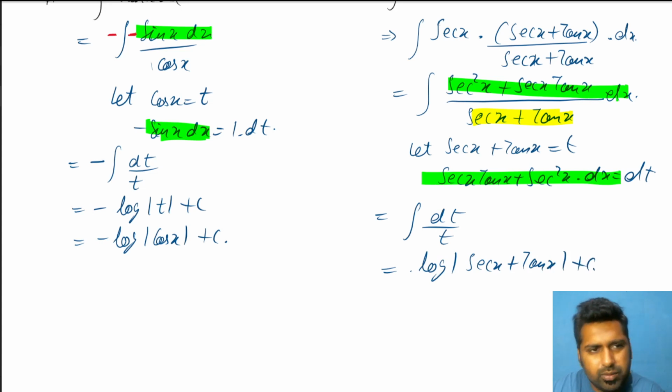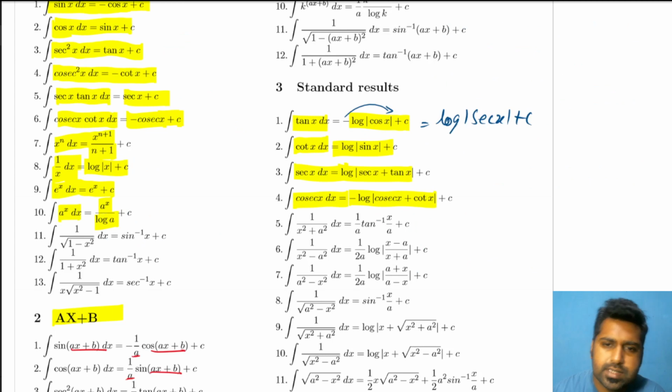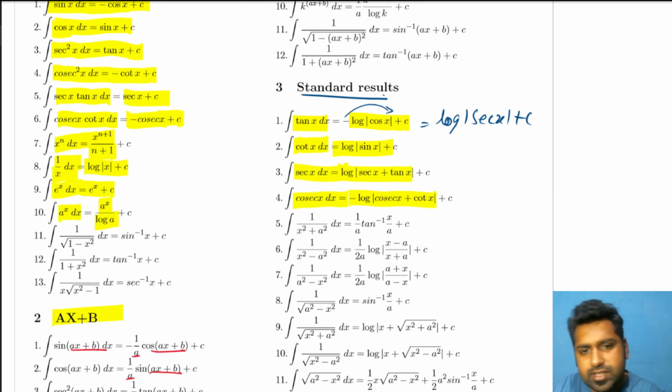So I have derived two formulas just for you to understand that all of these formulas are being derived using substitution. Even the formulas below are also derived using substitution, but right now I'm not discussing those. Those are again a special subtopic, that is standard results. Okay, but right now these four formulas we will use.